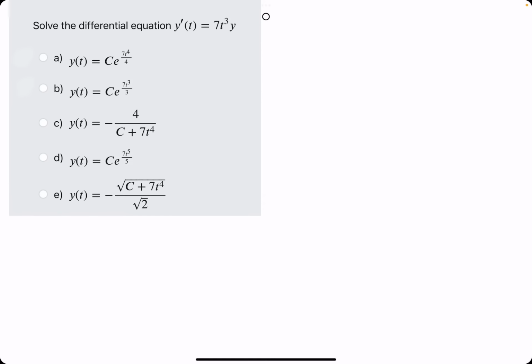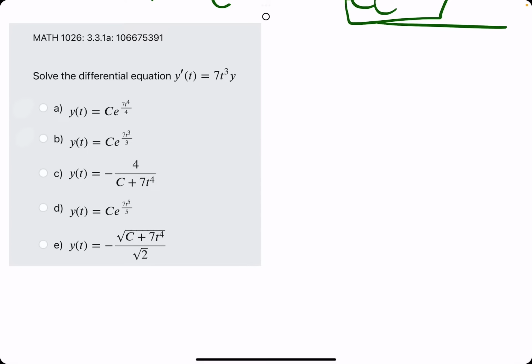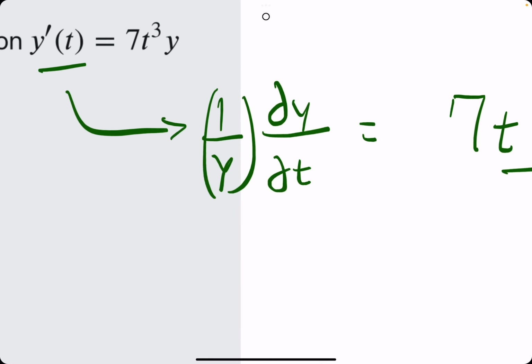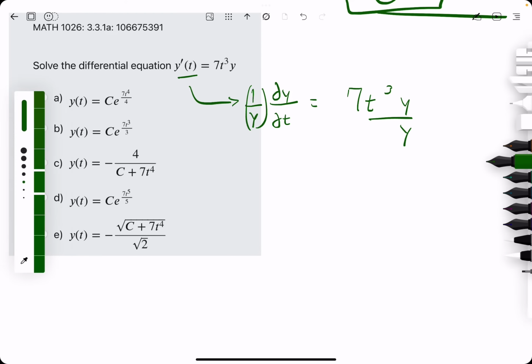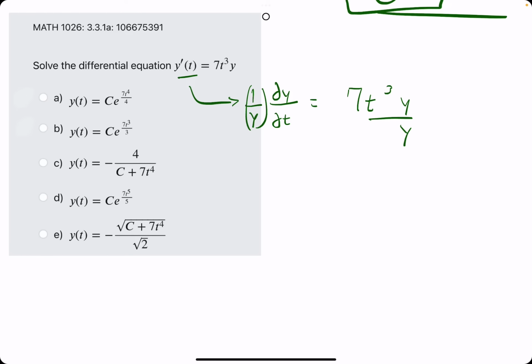All right, let's go and do one more example using separation of variables. Starting with rewriting the left side as dy over dt, we have 7t cubed times y. We want to divide by y in order to get it on the left side, or multiply by 1 over y, however you want to see it.